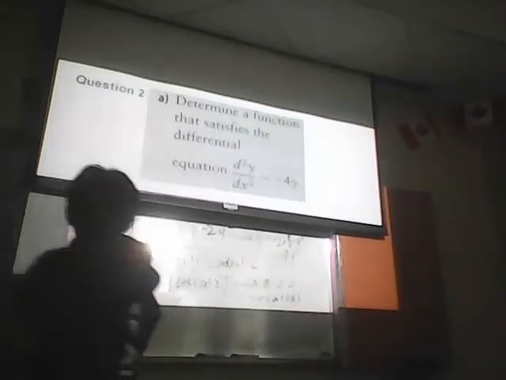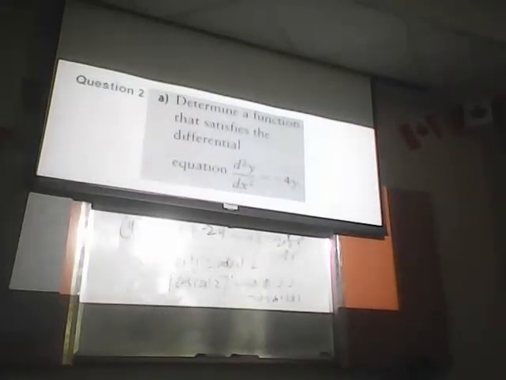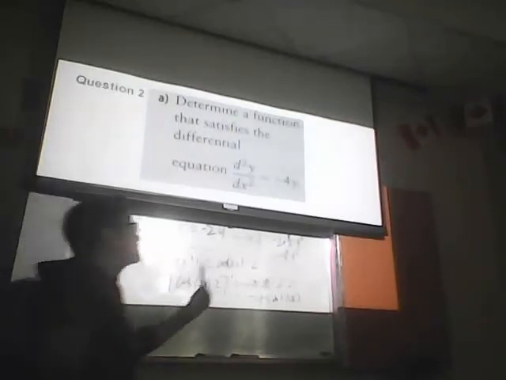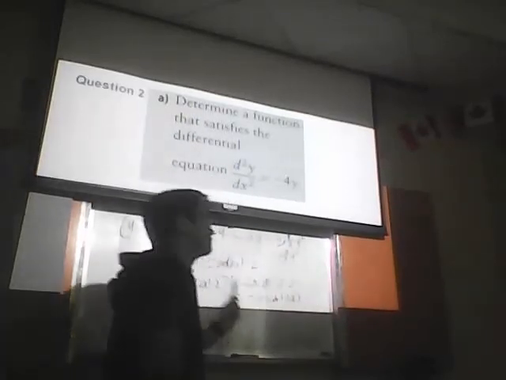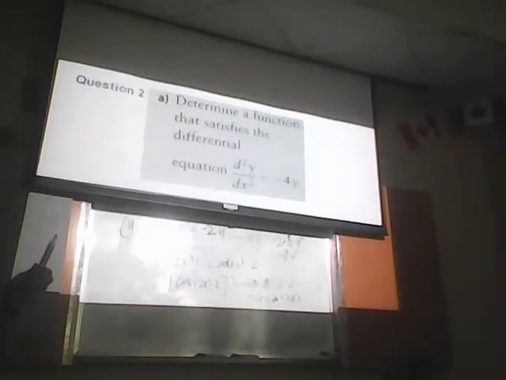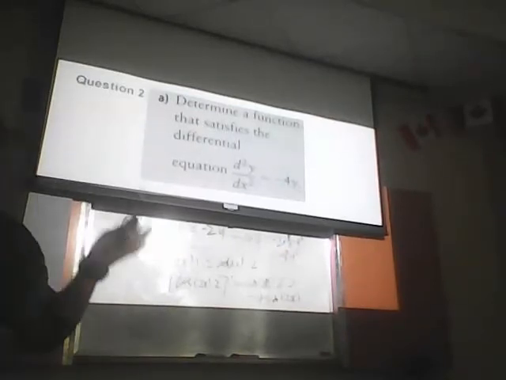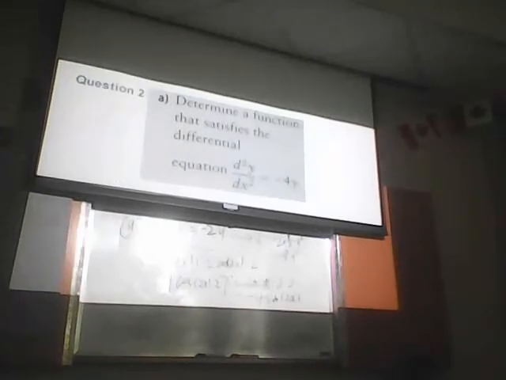Guys, you can see that if you choose, for example, y of x equals sine of 2x, then the second derivative is equal to minus 4 times the same function, sine 2x. If you see a negative 4 there, you should know that the derivative of sine x is cosine x, but the derivative of cosine x is negative sine x.